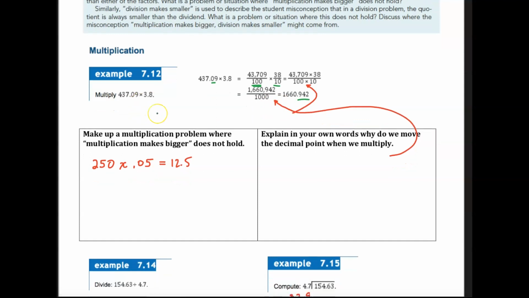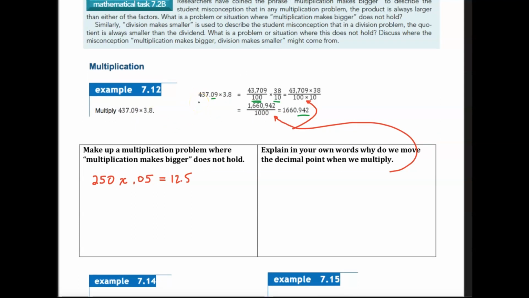And so looking at that algorithm, you'll see what most students do.